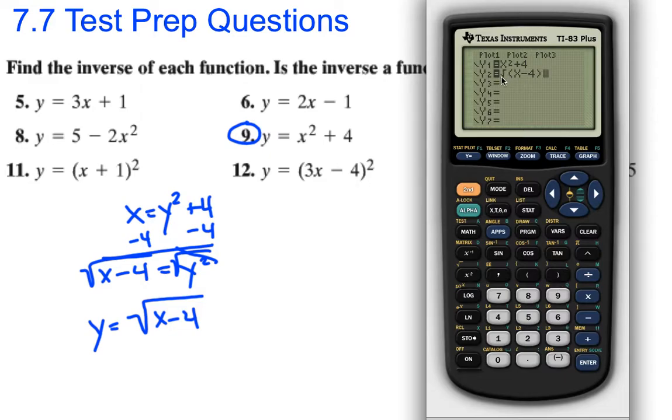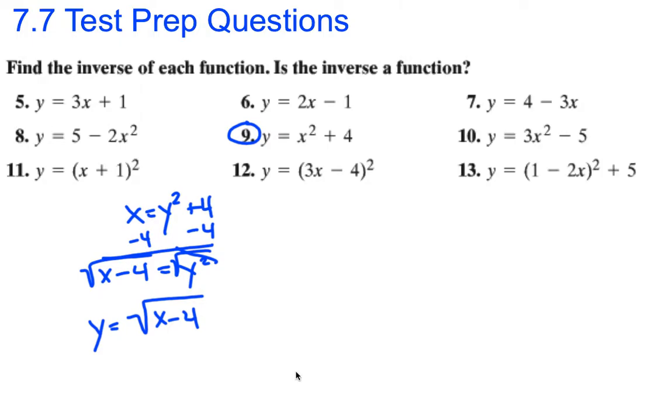Close. Now that was the positive. Now we also want to include the negative, which I was neglecting to do because I thought it just automatically did that, and it doesn't. Shame, shame. All right. So this is the original, and this is your inverse. Is this a function? Absolutely not. And because it fails the vertical line test, this one is going to be no, not a function.